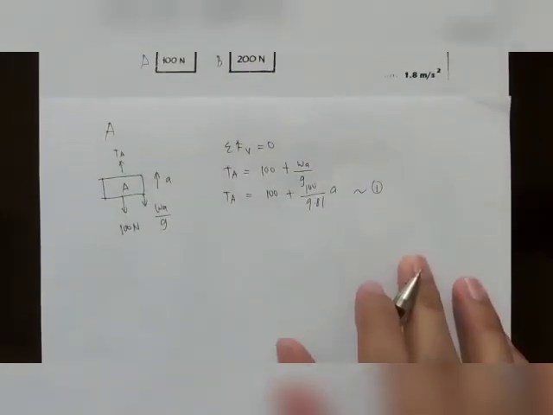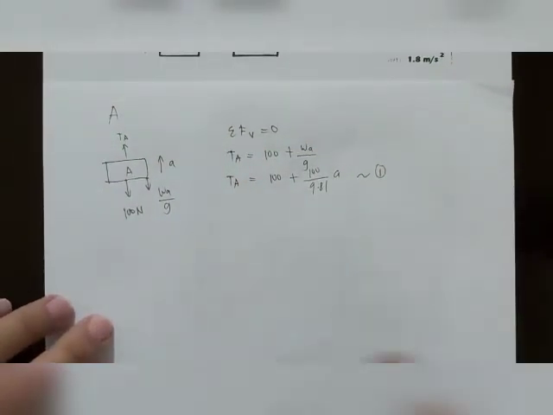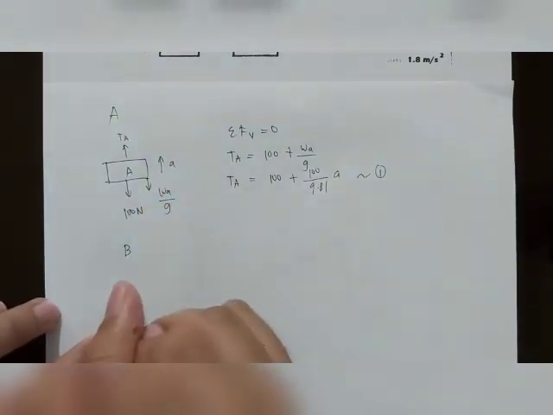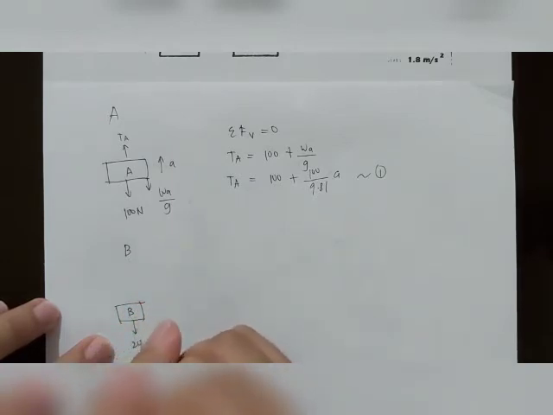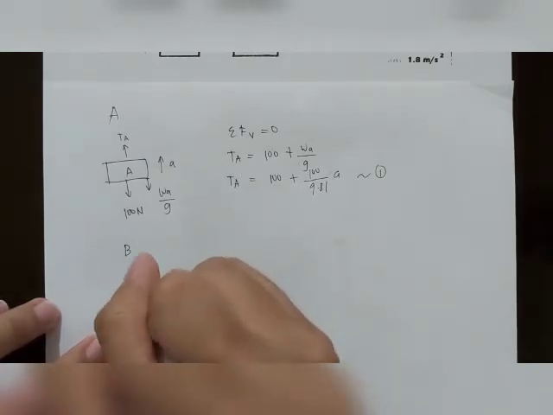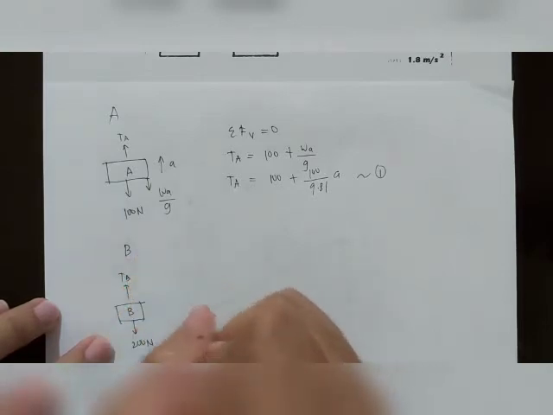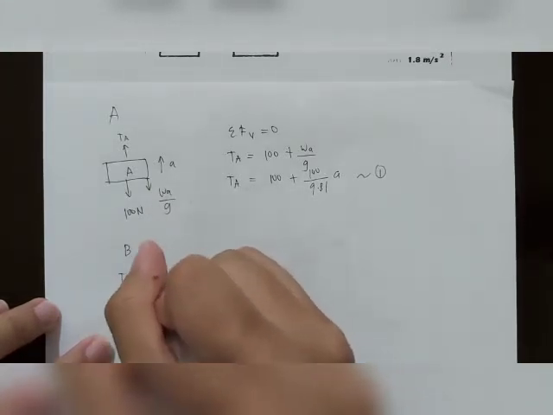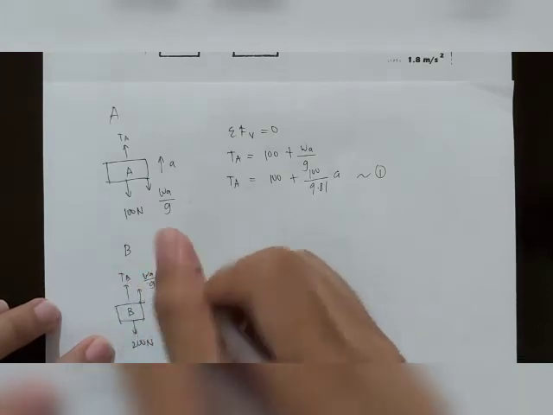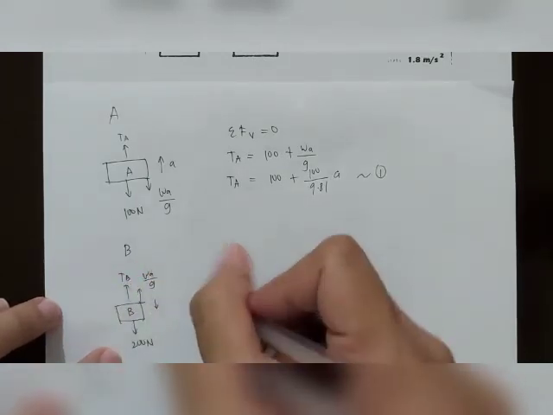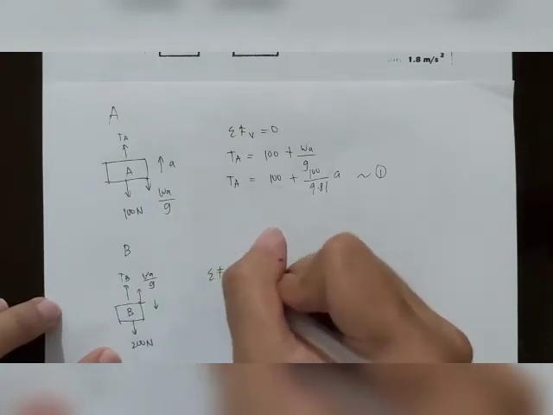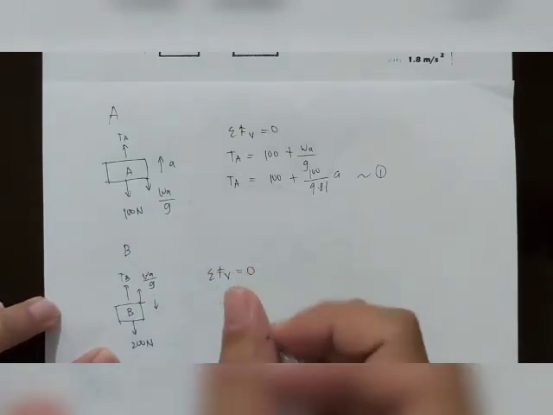Then for block B, so free body diagram of block B, we have block B, weight is 200 newtons, then tension B. Acceleration is pababa dito naman, so WA over G or yung mass is pataas. So therefore, summation of forces along vertical is equal to 0.